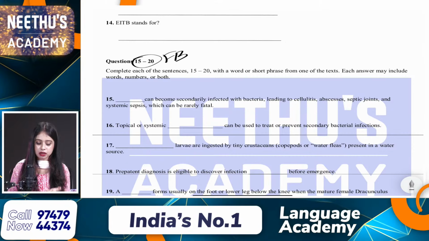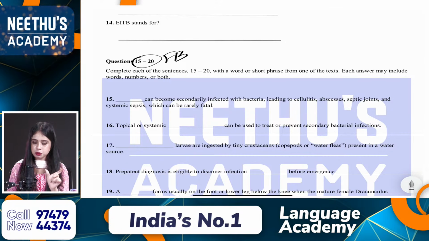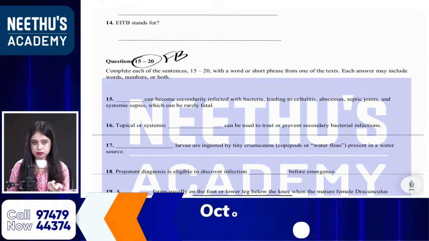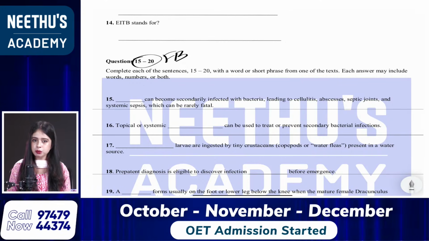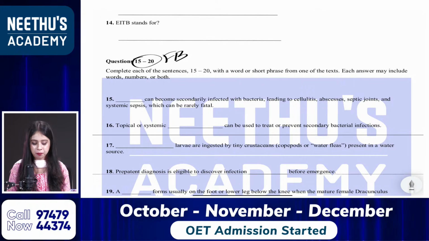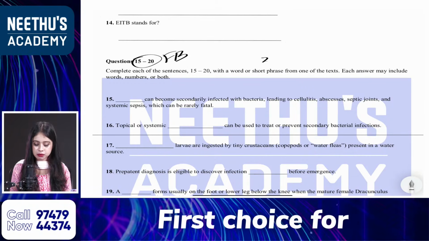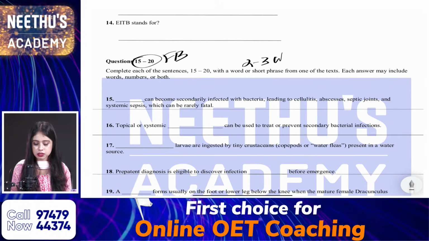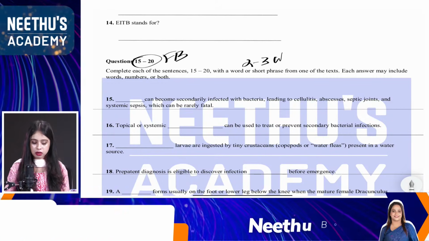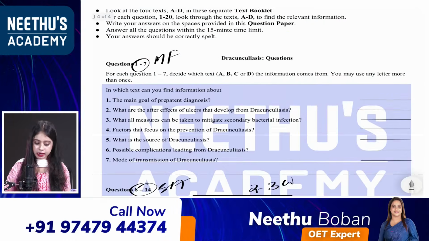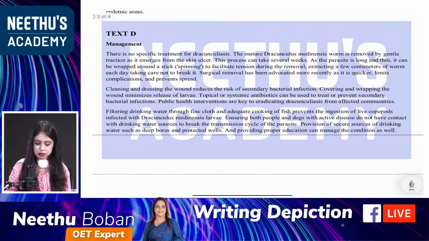In the question there will be a blank space. You need to fill that blank with a word or words. Again, same instruction, maximum 2 to 3 words. So that's all about time and number of questions.